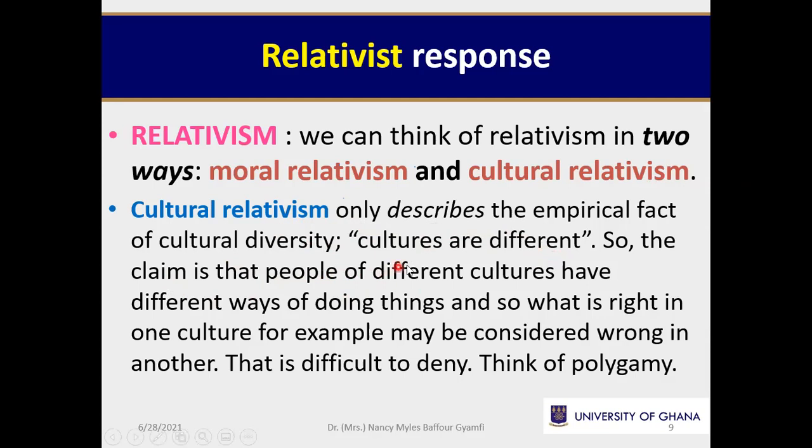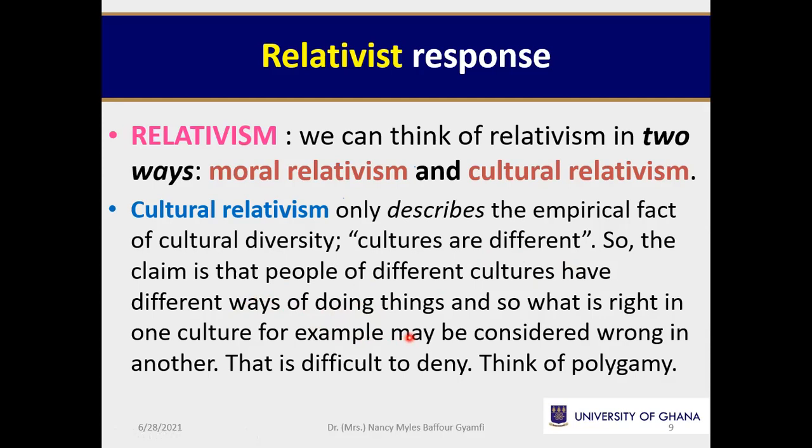It just says that cultures are different. So the claim is, listen attentively, the cultural relativist is saying that different people behave differently. So what is right in one culture, for example, may be considered wrong in another.